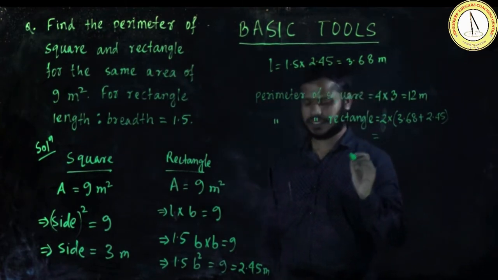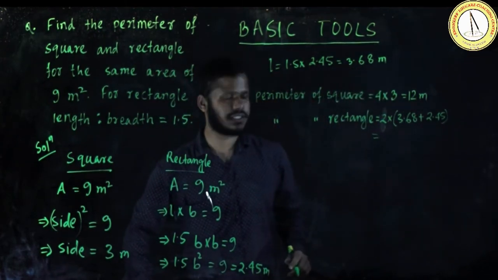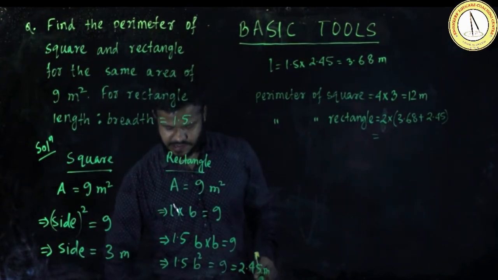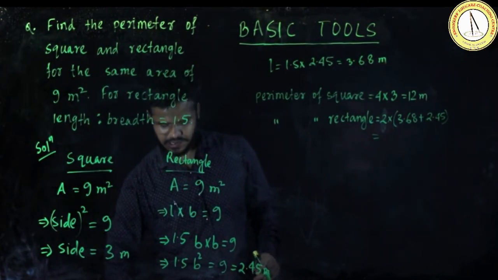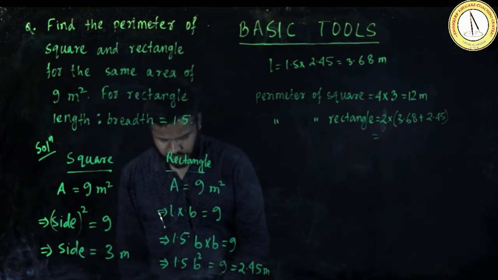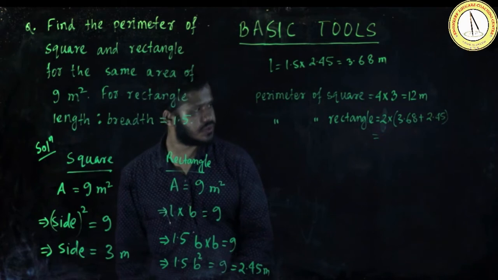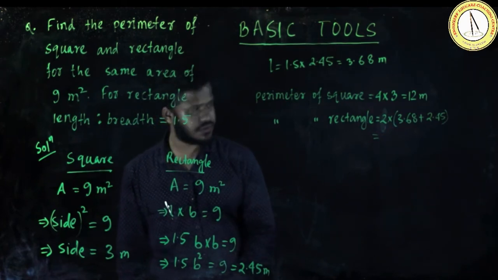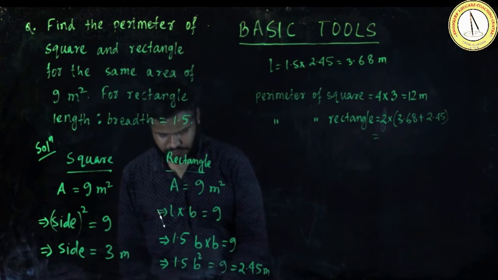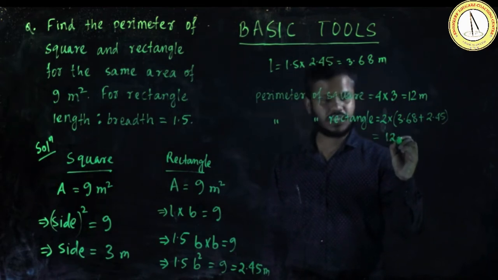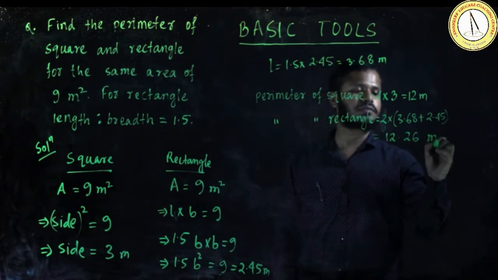So we get the perimeter as 12.26 meters.